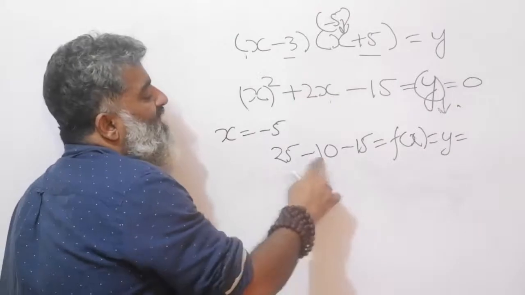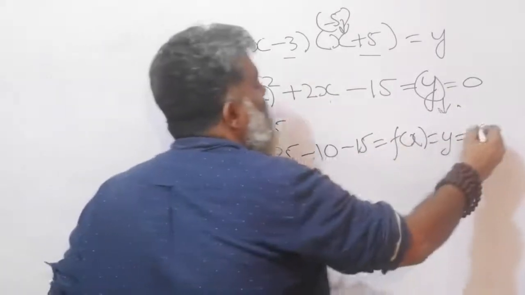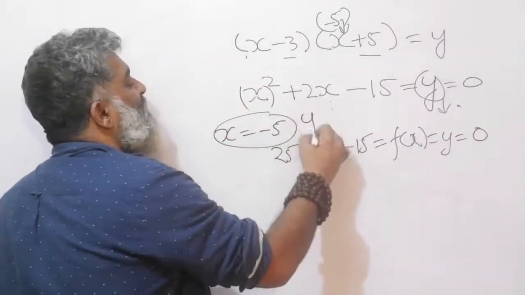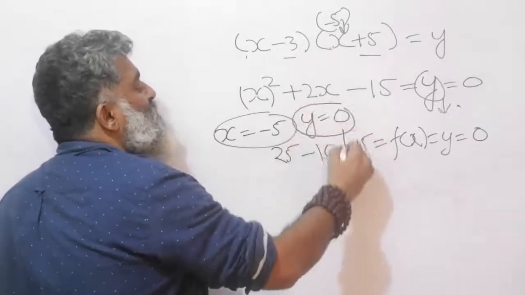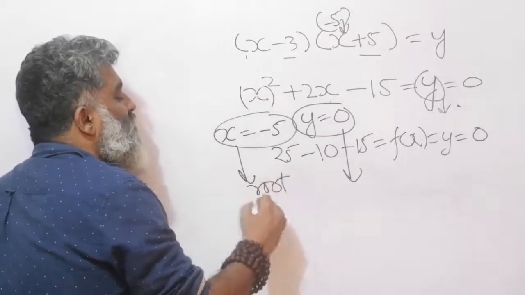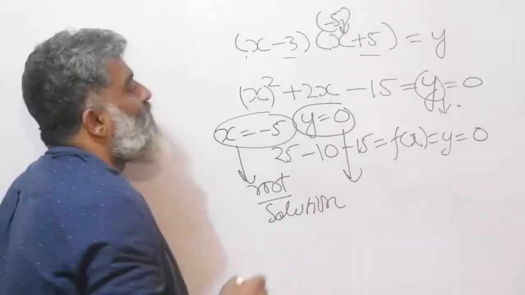So 25 minus 10 will give you a +15, and 15 minus 15 will give you a 0. So when x is equal to -5, y is equal to 0. Whenever y is equal to 0, that point is known as the root, right? Or the solution, or the 0 point.